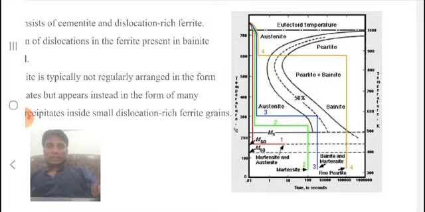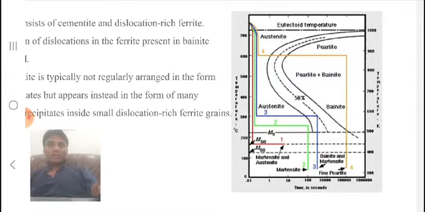So isothermal annealing cannot adapt to huge sections, because the part has to be taken out from the furnace and quenched to the temperature. Taking it out from the furnace and quenching it in some other bath is a very hectic task.